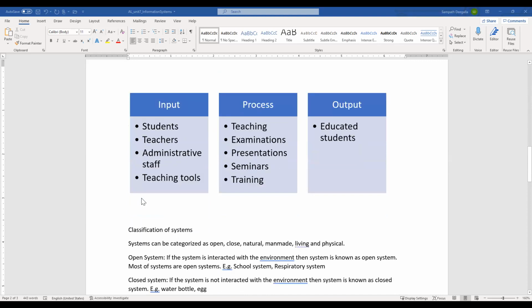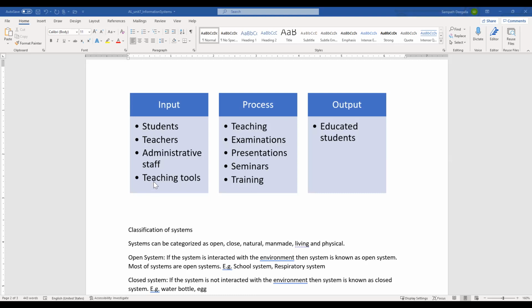The next thing that we have discussed is the basic elements of a system. The basic elements are input, process, and output. If we take the school system, the input is students, teachers, staff, administrative staff, and also all the other teaching tools. And what is the expected output? We expect educated students, or good citizens for society, through the school system.